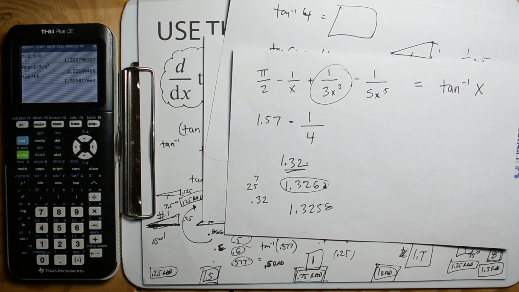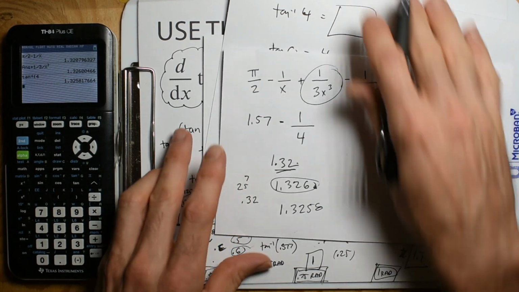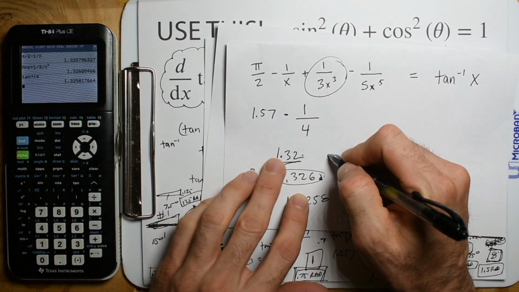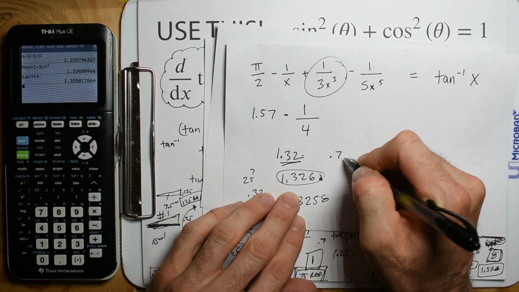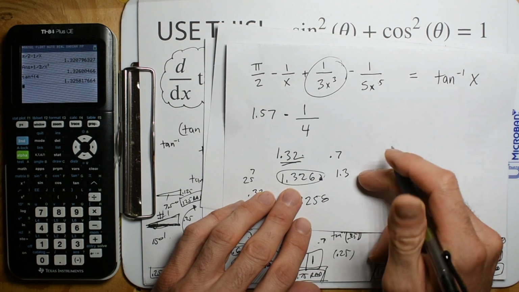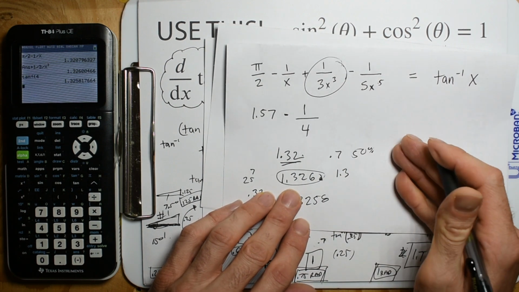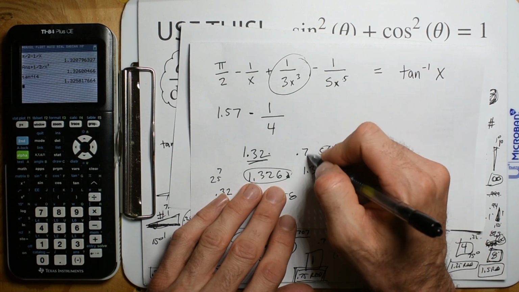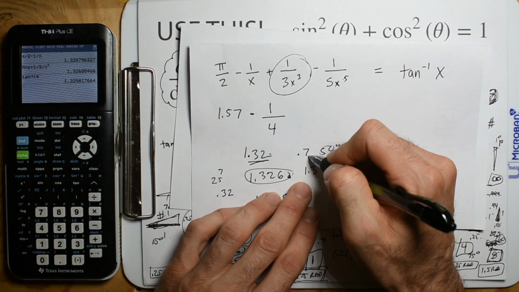And let's get the error right off the bat. So stuff like this is just like, well, what is the error? If this equation chiseled out like 0.7 and the actual answer is 1.3, well, the error would be 50%. You see how you can do that pretty easily?